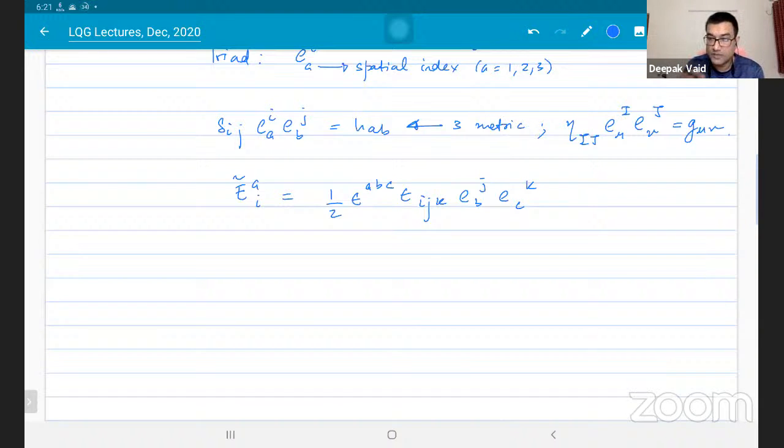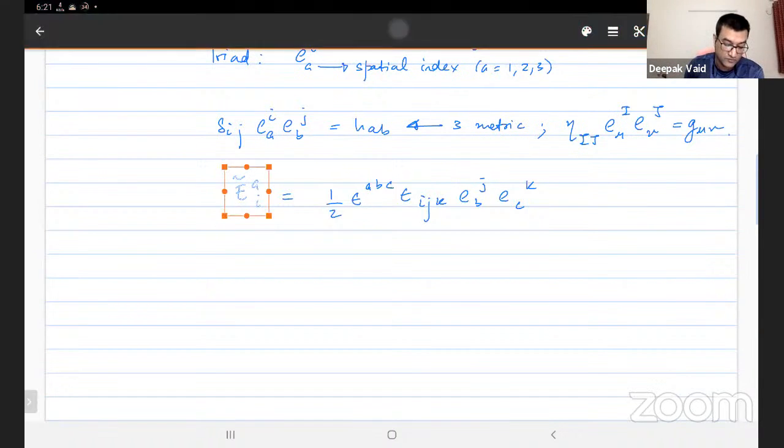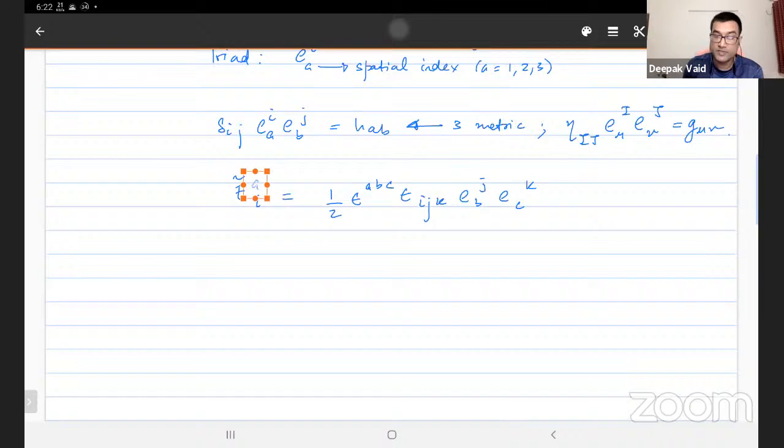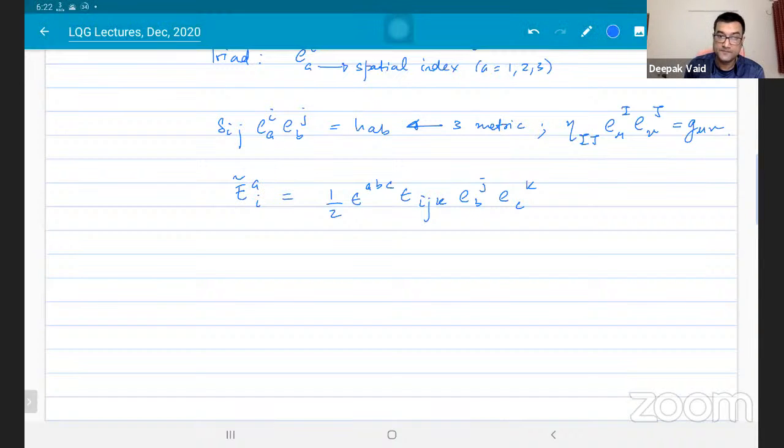So when you transform it, you get a factor of the determinant of the metric, which is just the square of the determinant of e. So this is a densitized object. That's why we call it a densitized co-triad. And it's a co-triad because the spatial index is contravariant. Okay, I got it.